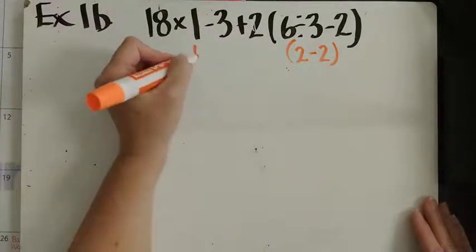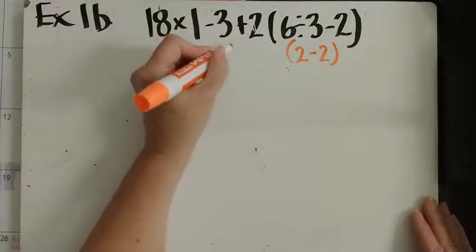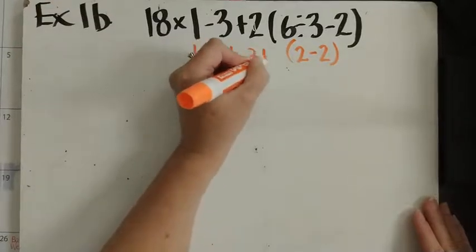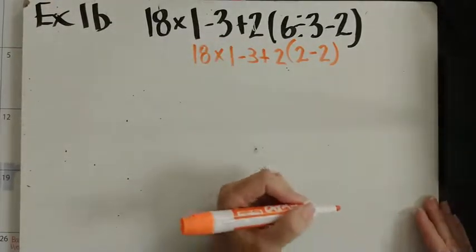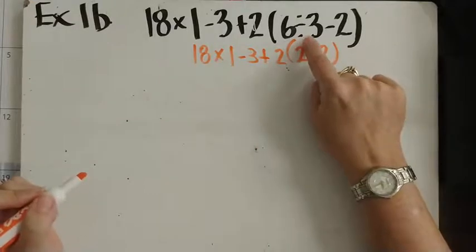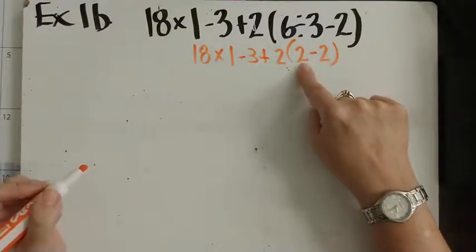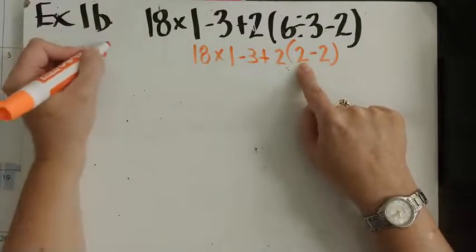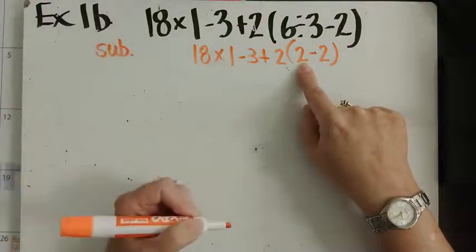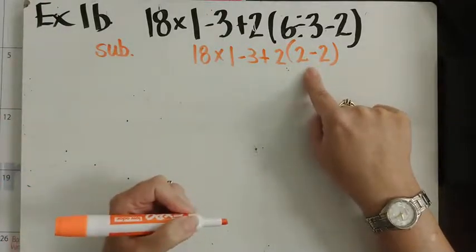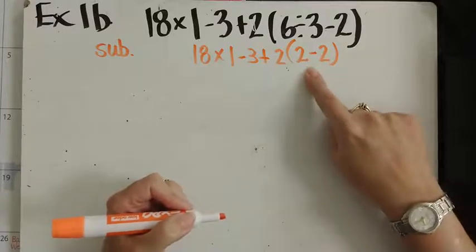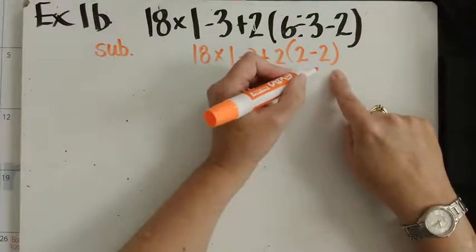And then I'm going to go ahead and bring down the rest of my problem. And all we did was simplify the 6 divided by 3 to 2. So we're going to call this substitution.